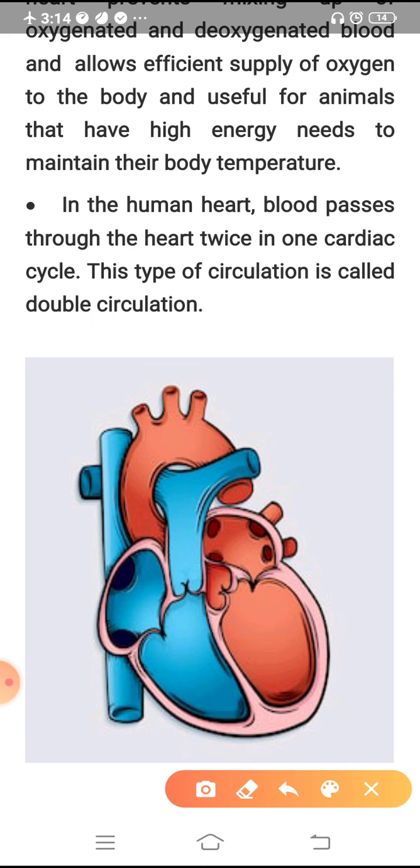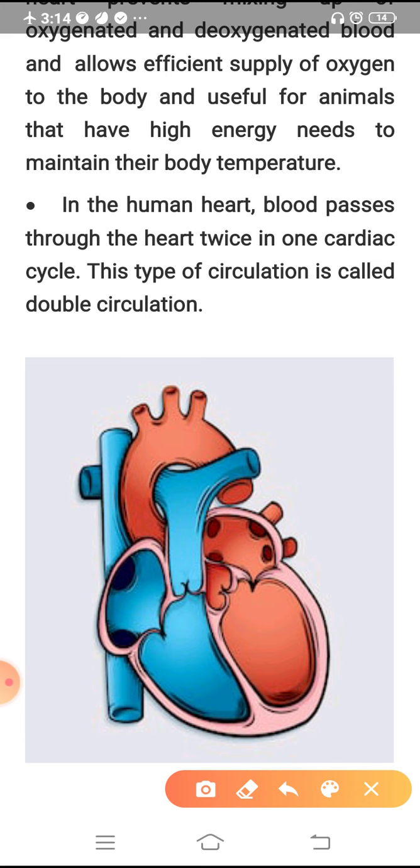So they control the flow of blood inside the heart. They decide the flow of blood from both the auricles as well as the ventricles. How do they decide? They decide when it should flow and when it should not flow. The flow of blood is completely decided by the valves.